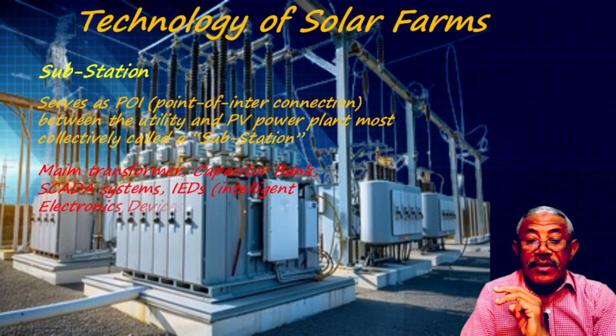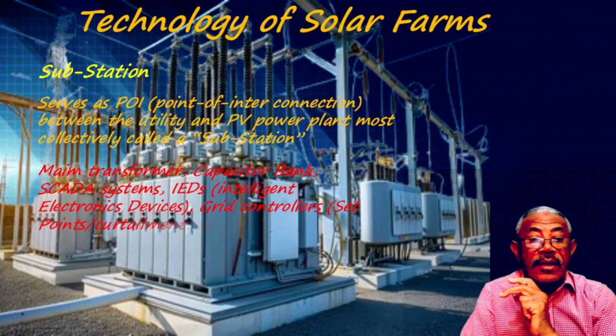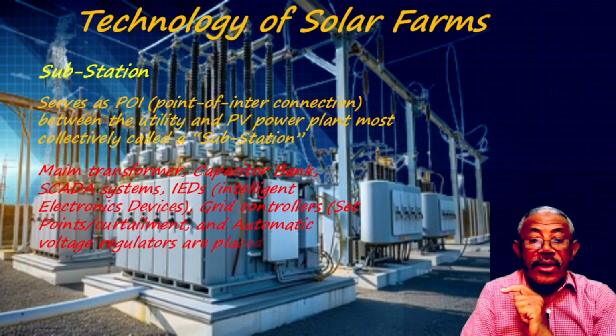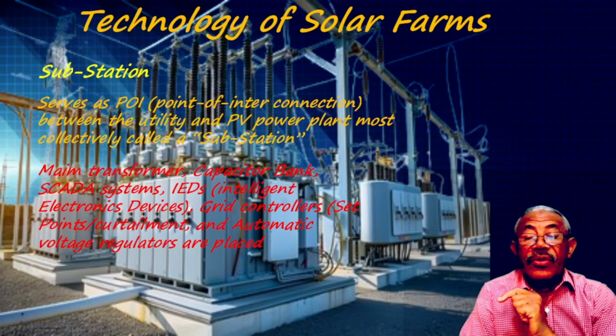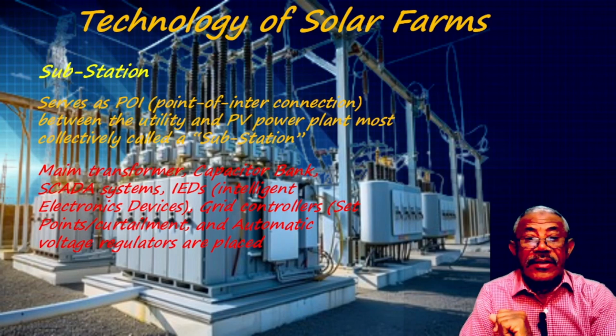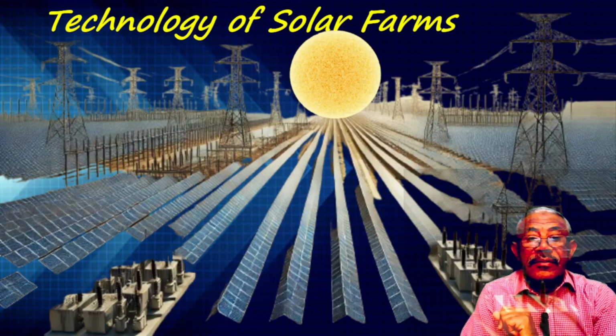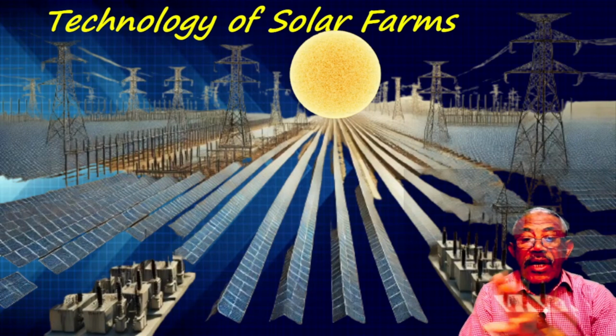Main transformers, capacitors bank, SCADA systems, intelligent electronic devices, grid controllers, set points, and automatic voltage regulators are placed. And this is an example of a solar farm.